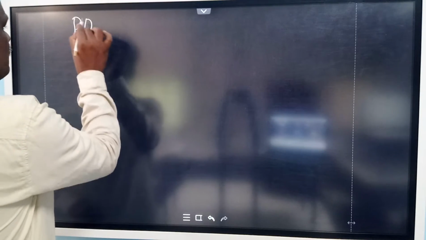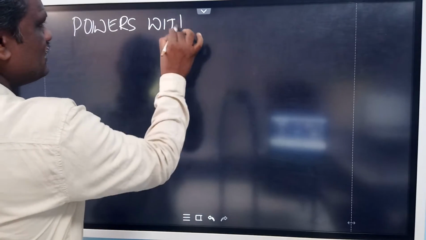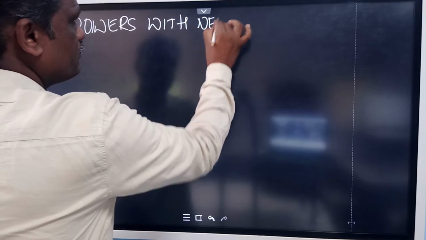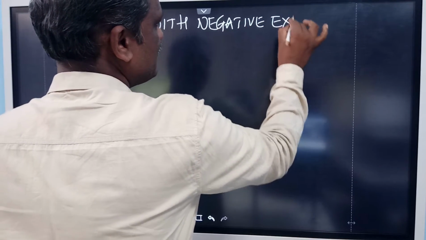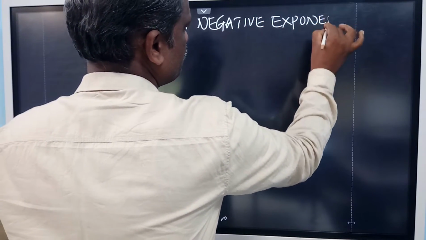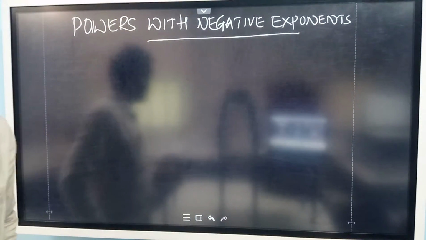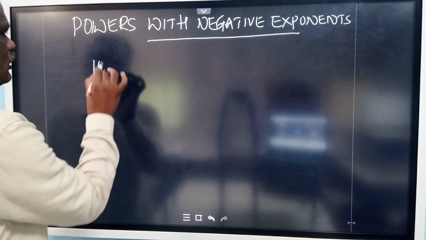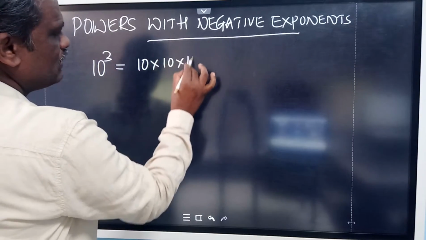Negative exponents. For this, let me take one number, 10 raised to the power 3. You can write it as 10 into 10 into 10, isn't it?